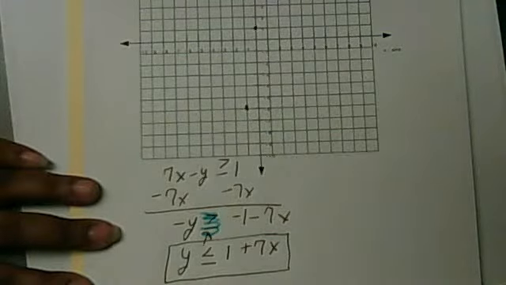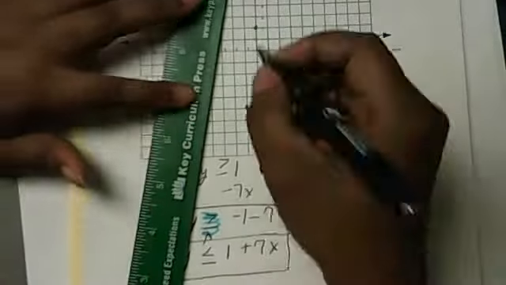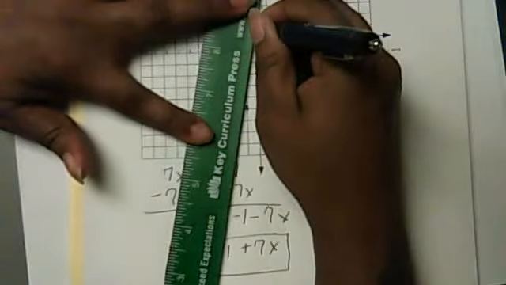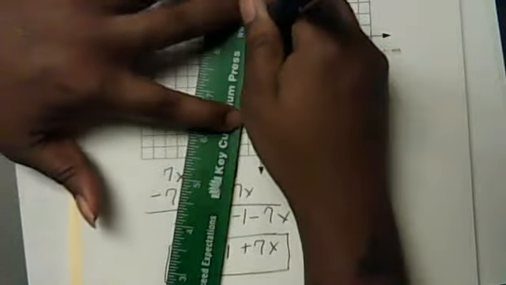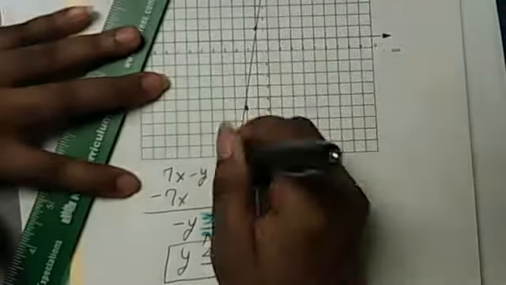Alright, or I could just pop it in my calculator and get my points. So here I have my points. To save time, I didn't want to use my calculator, but you use your calculator. So you're going to have this in MyMathLab.